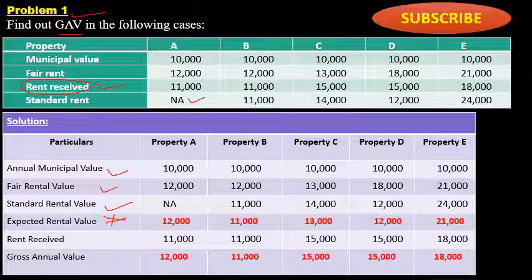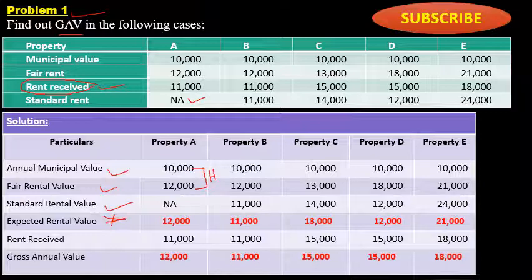There is a provision: municipal value or fair rental value, whichever is higher but not exceeding standard rental value, is called the expected rental value. So in this problem, for property A, take the higher of the first two, municipal value or fair rental value, whichever is the highest.